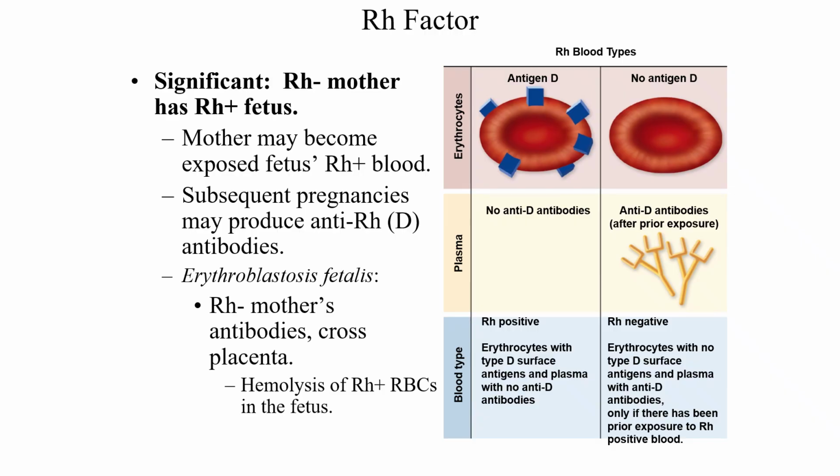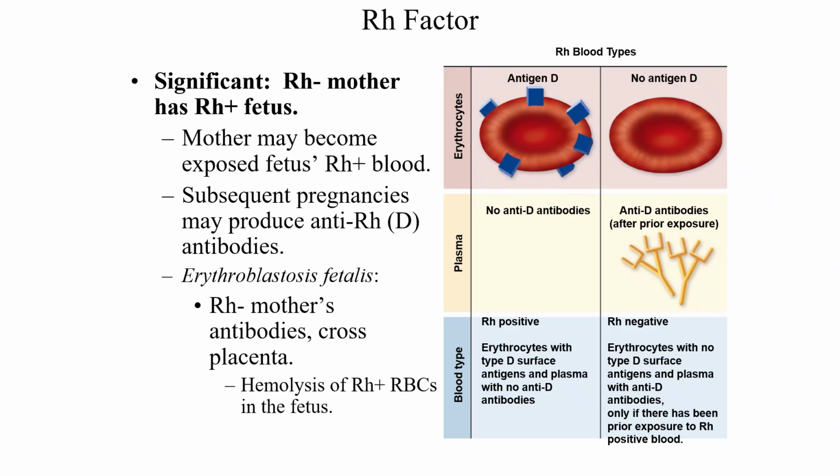Okay. Now, hemolysis, where the cells are attacked and broken apart due to exposure to a foreign antigen, in this particular case does not happen after the first transfusion because it takes a while for the body to make the antibodies.